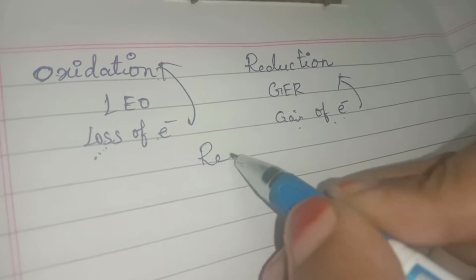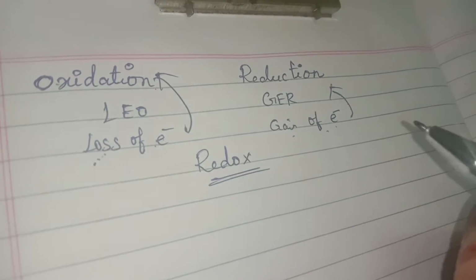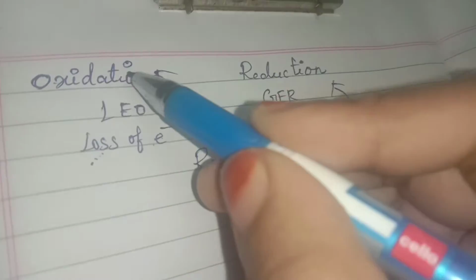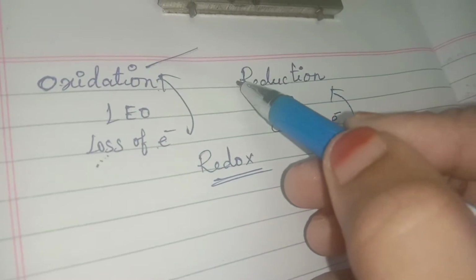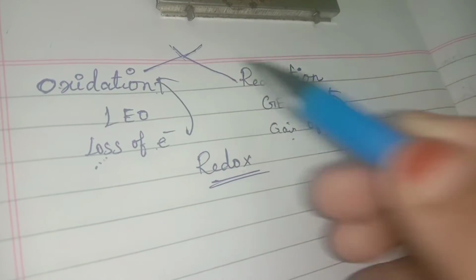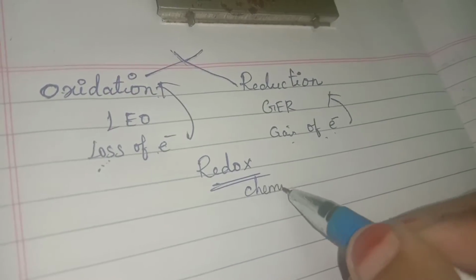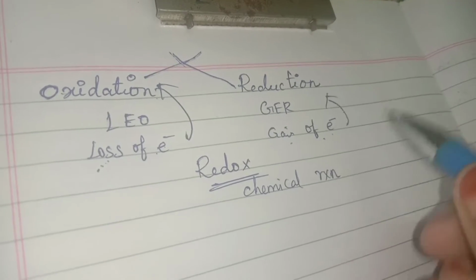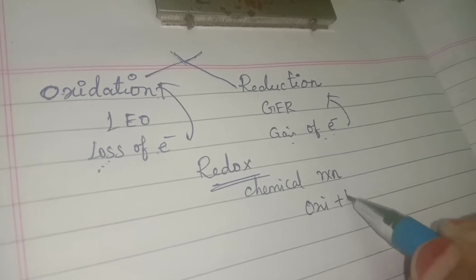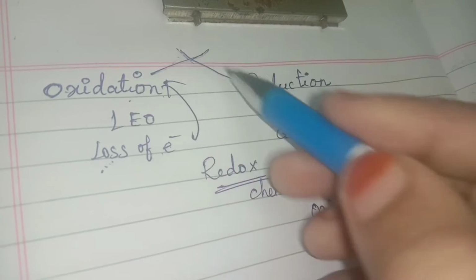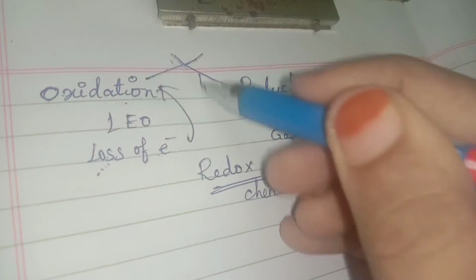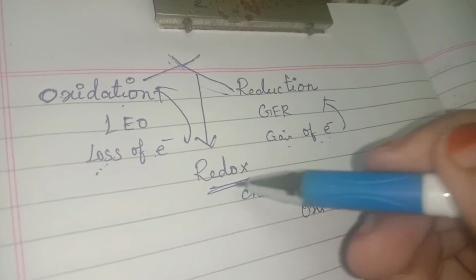Now what is meant by redox reaction? Redox reaction means in the chemical reaction the oxidation and reduction process will take place simultaneously. The oxidation reaction plus reduction reaction will take place, both simultaneously, and that reaction is known as redox reaction.